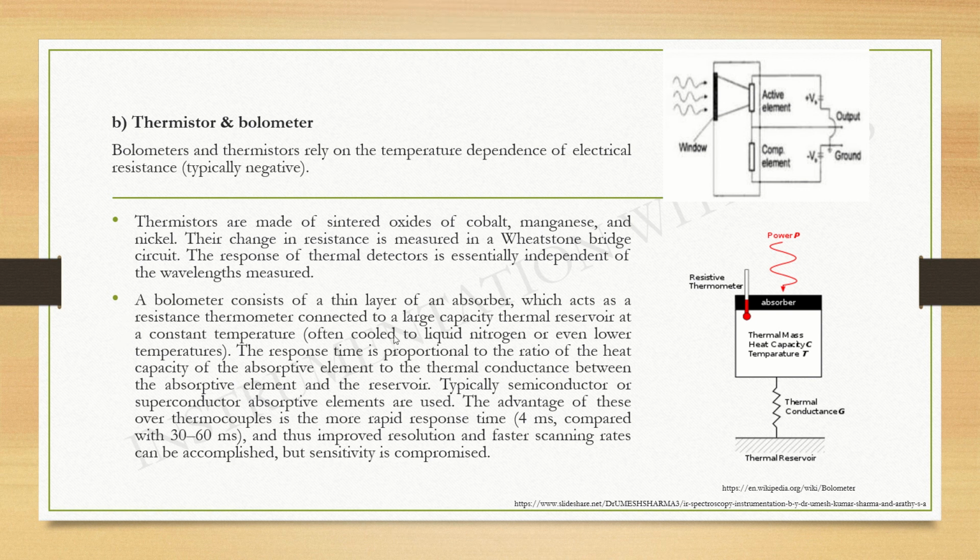Now the bolometer consists of a layer of absorber, which acts as the resistance thermometer. After absorbing the radiation, it is also connected with the resistance thermometer.